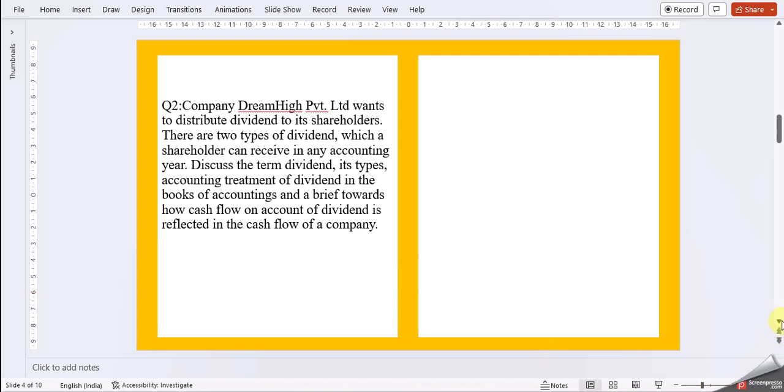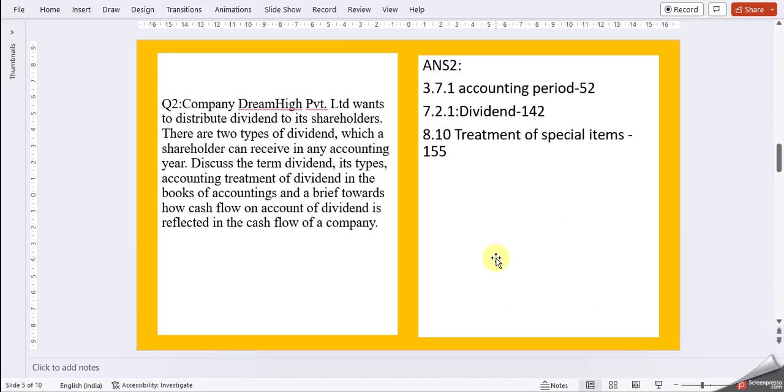So again, I could find a lot of references for dividend in our textbook. Let us see. We can start with 3.7, chapter number 3.